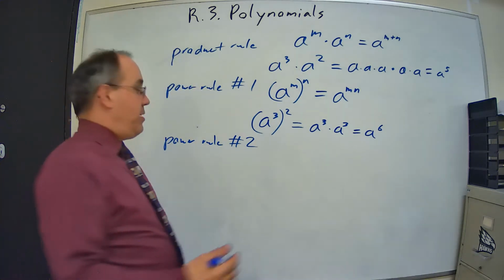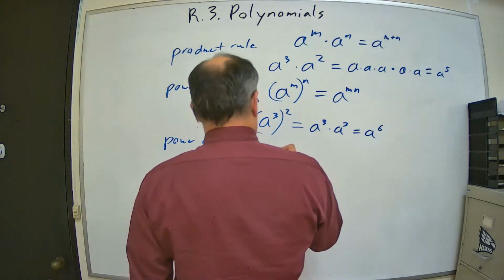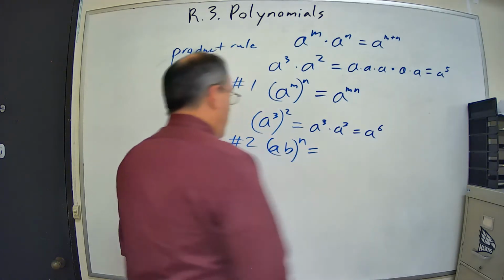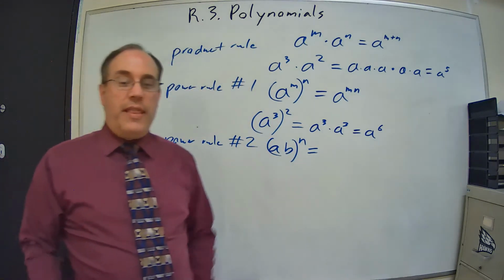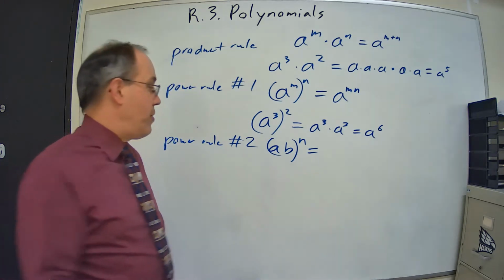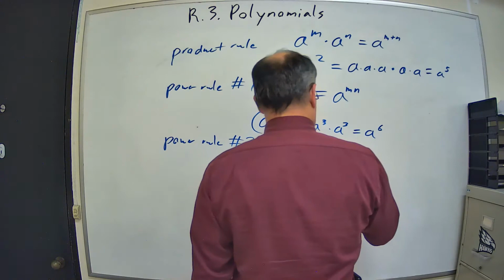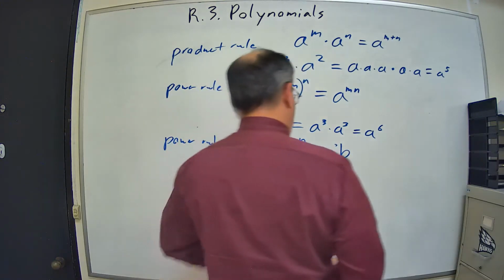If you have a product, a times b, raised to a power, then that power can be distributed throughout, giving you a to the n, b to the n.